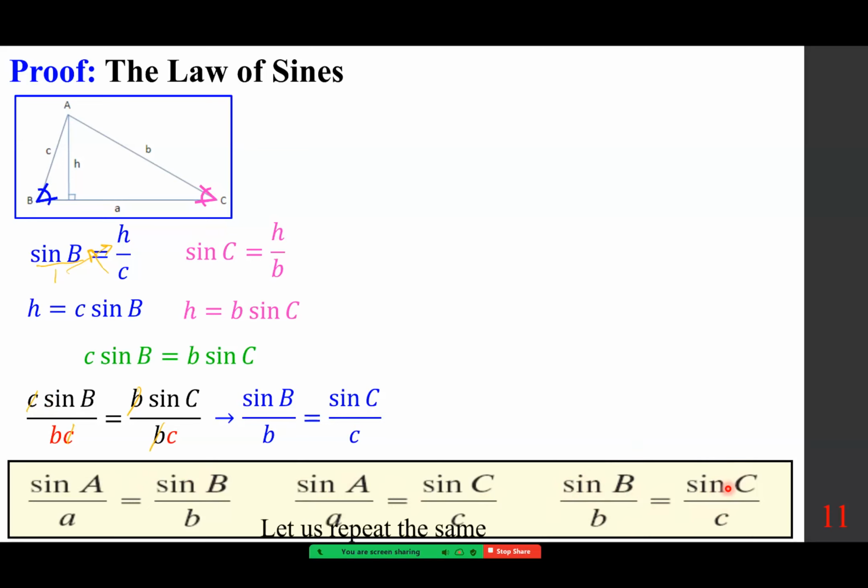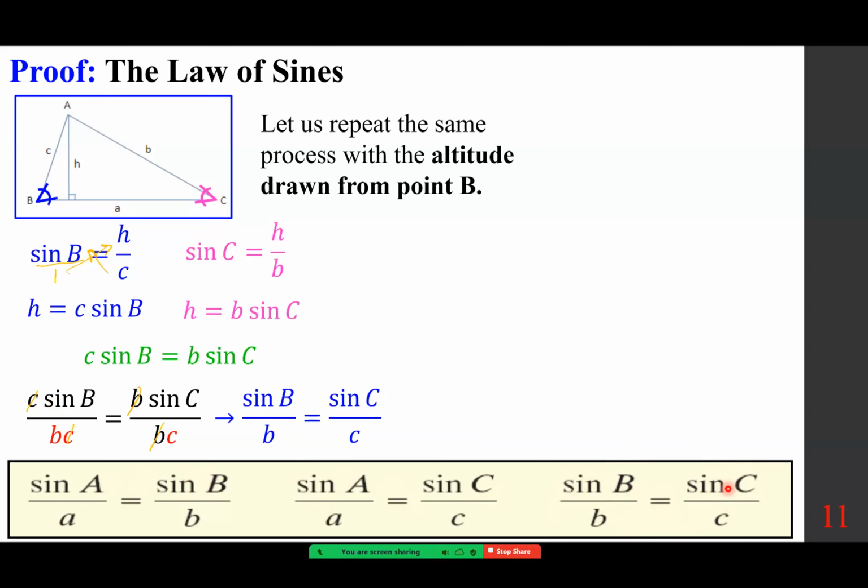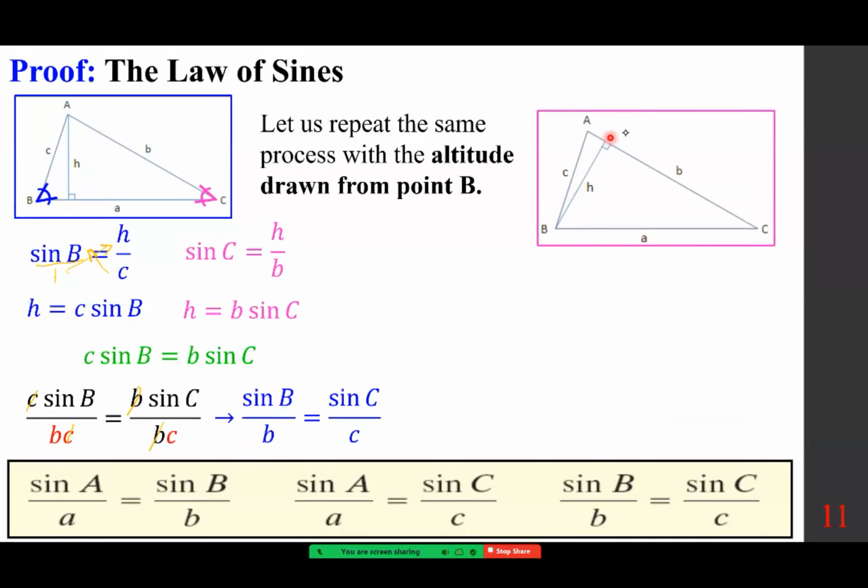Let's repeat the same process with the altitude drawn from point B. So if this was the altitude drawn from point A, from point B you draw a perpendicular with a 90-degree angle. It looks like this.